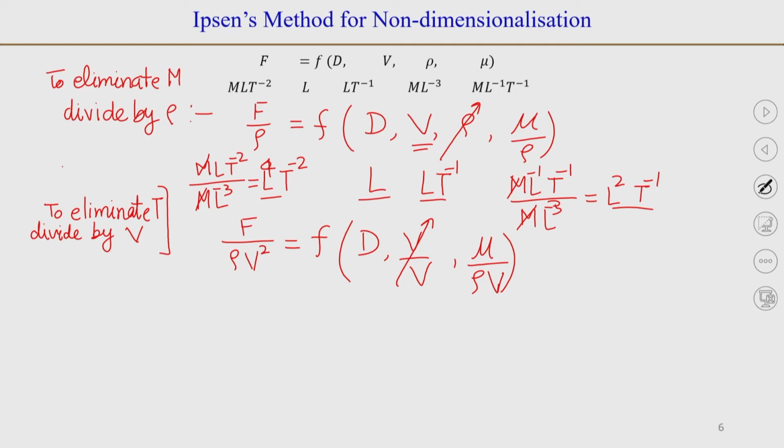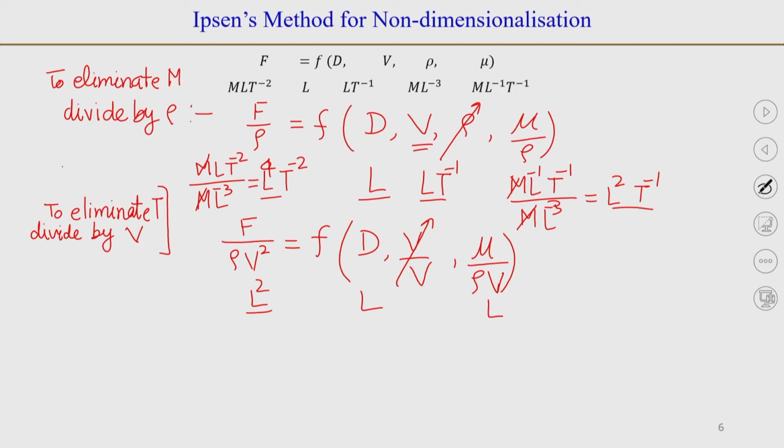So, now the dimension of this will be L raised to the power 4 T minus 2 divided by L squared. So, this becomes L squared. The dimension of D is L, and mu by rho will have the dimension of again L squared T raised to the power minus 1 divided by L T raised to the power minus 1. So, we will have dimension of L.